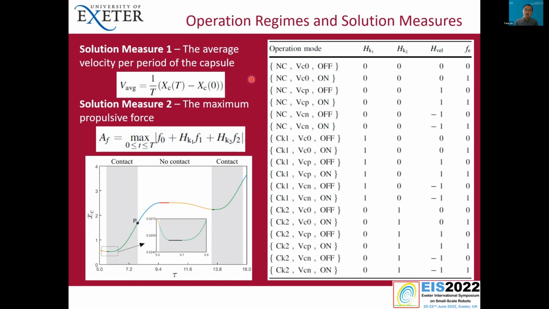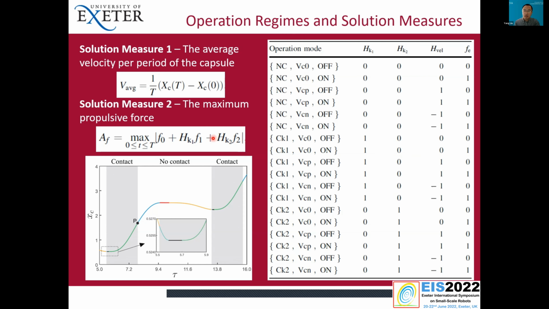We divide the system trajectory into these 18 operation modes. These correspond to no contact with the constraint, contact with the front constraint, contact with the backward constraint, or excitation or no excitation. So this covers all the operation regimes for the system.